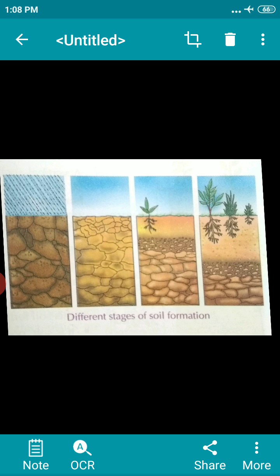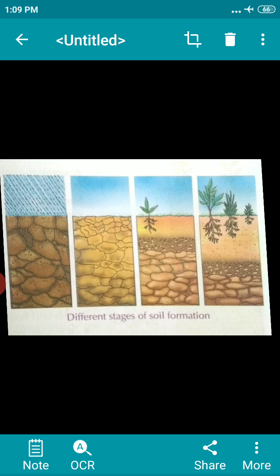First of all, the cracks are formed in rocks by the excess heat, especially in summer. Such cracks widen slowly and slowly. Heavy rain, flow of river water, wind, waves of the sea water, etc. are responsible for wear and tear on rocks. The big and heavy rocks are broken into smaller pieces and come on the earth's surface.